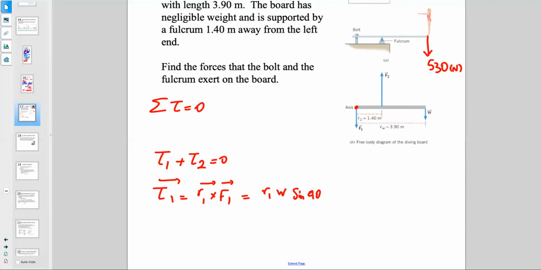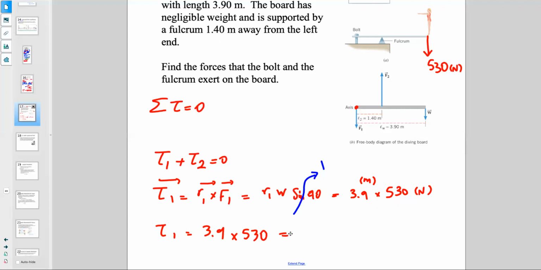Sine of 90 is 1, and you are left with R1, which is 3.9 meters, times W, which is 530 newtons. So tau 1, the torque caused by this force of mg, or this W, is 3.9 times 530.